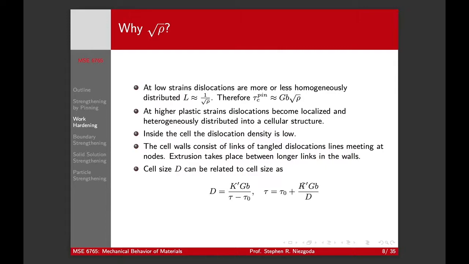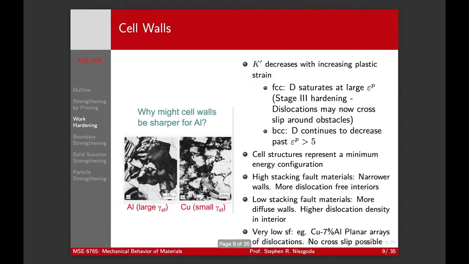This K prime over root D is a Hall-Petch-like parameter, and this is going to carry our dependency on the dislocation density. Sorry. So our K prime increases with increasing plastic strain, and our D parameter is going to saturate at large strains, right?